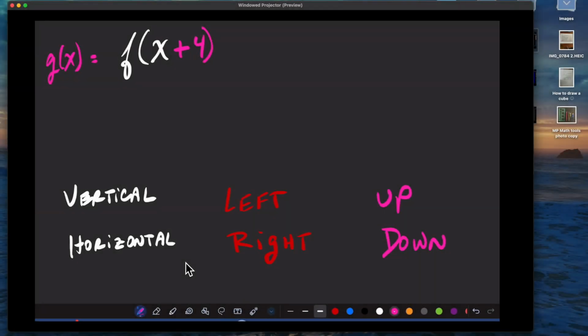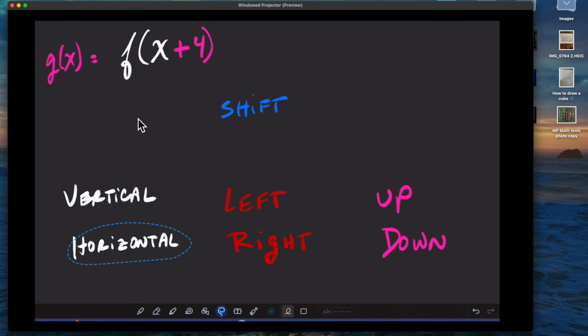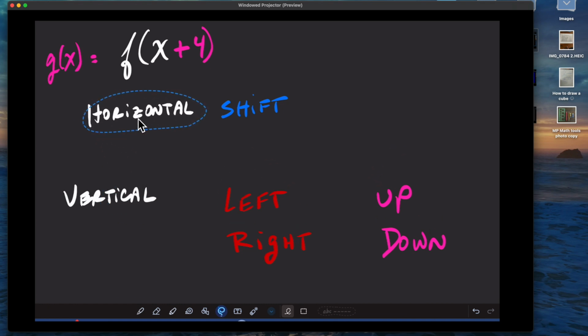Let's move on to this next example. There's a theoretic function f of x. We have a transformation g of x where we do f of x plus 4. Here, because a plus is involved, we know this is going to be a shift, or otherwise known as a translation. Okay, because the action is inside the parentheses, we know that it's going to be a horizontal shift. The next thing is we know it's going to be 4 units because we see the 4 there.